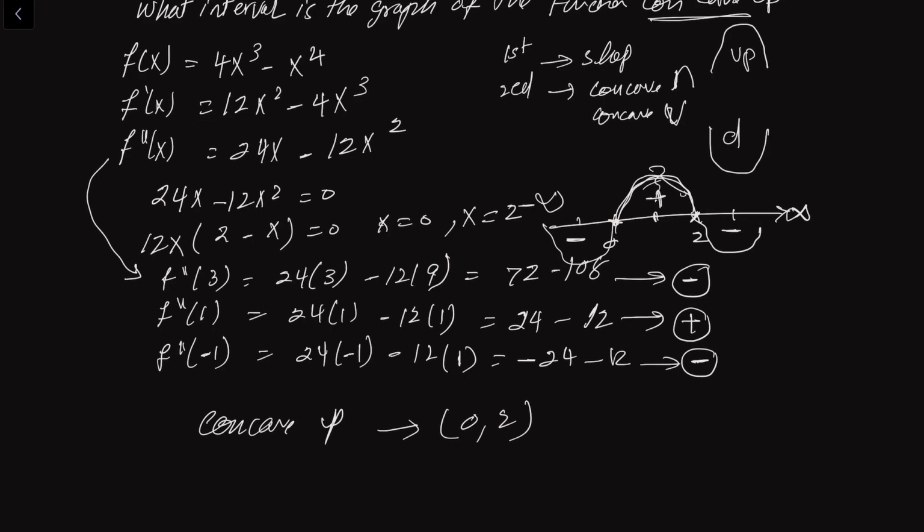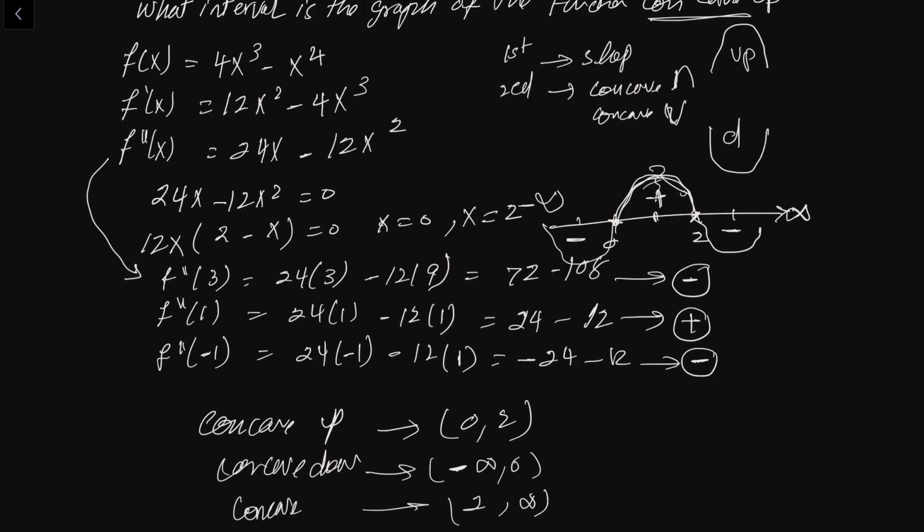From negative infinity to 0, it's concave down, and from 2 to infinity, it's also concave down. And here you have it. That's the answer: concave up and concave down.